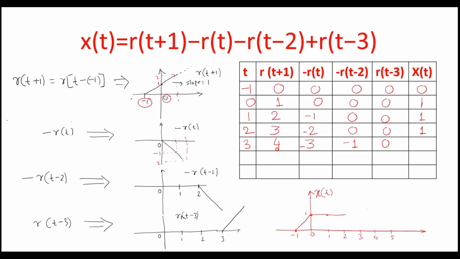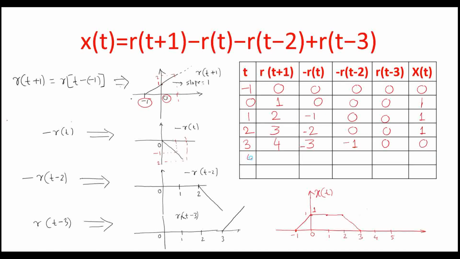Now adding this, 4 minus 3 is 1, 1 minus 1 is 0, that is at t equal to 3 it is 0. It means from this point it will go to 0. So this amplitude is 1.